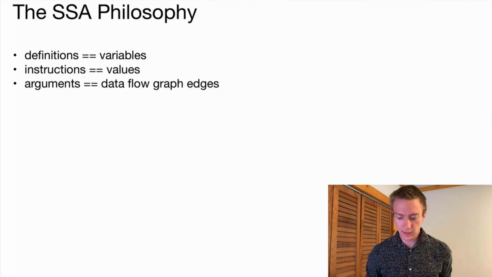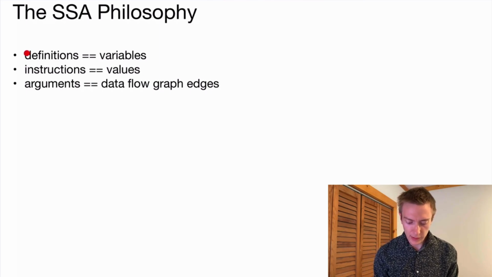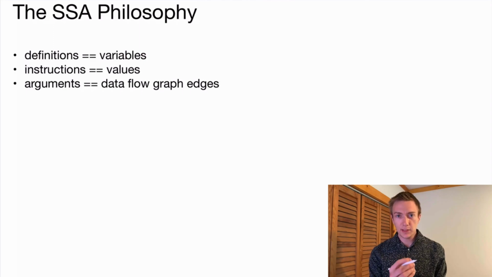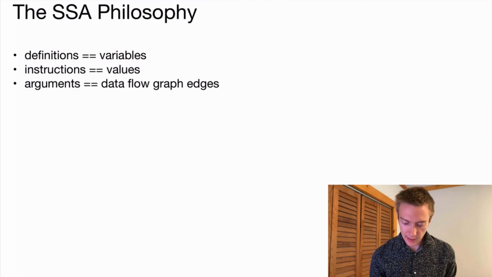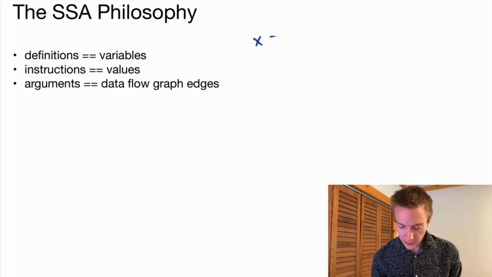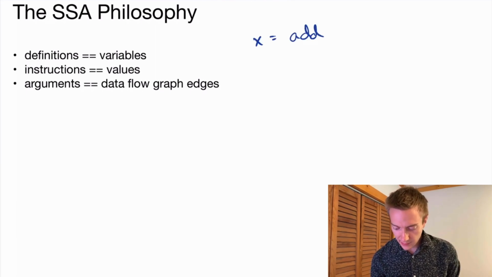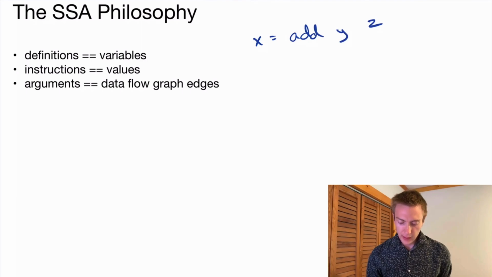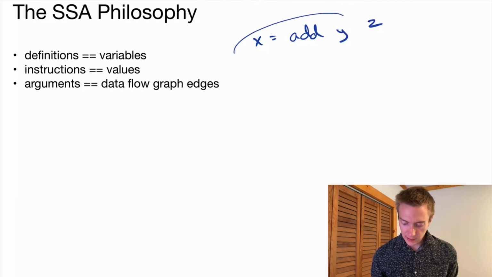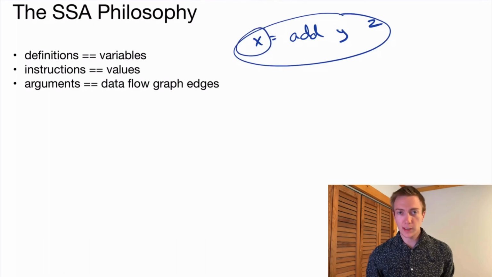This is hard to convey, but there are a few equivalences that arise from SSA. The first and most straightforward is that definitions and variables are the same thing. If you have x equals add y, z, for example, we used to have to keep track of the definition, this instruction, as being separate from the variable it assigns to.